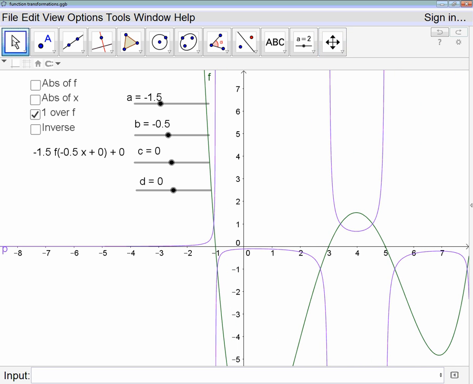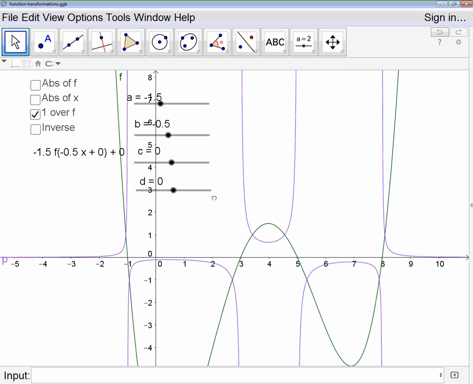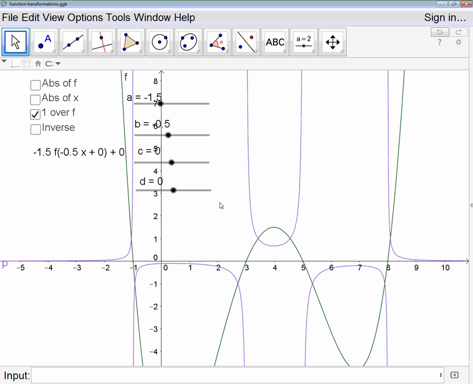For example, right there, the purple is the inverse, is the reciprocal. Wherever 0 was, an asymptote now is.